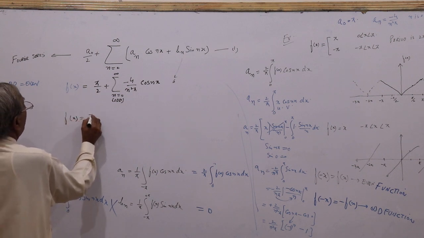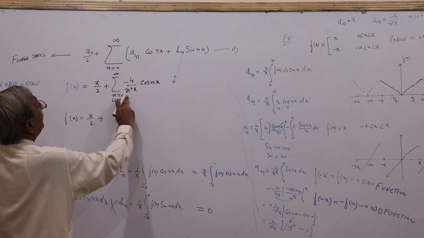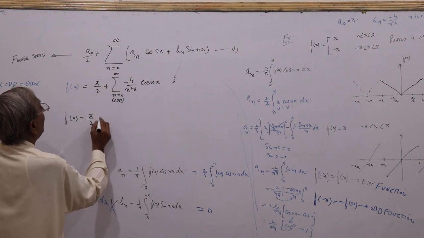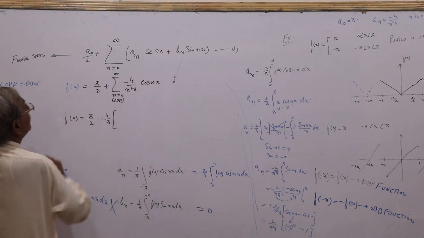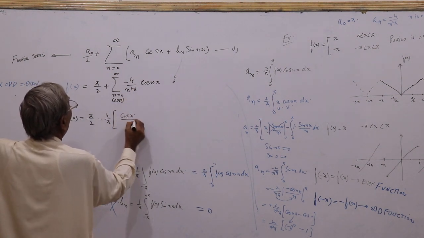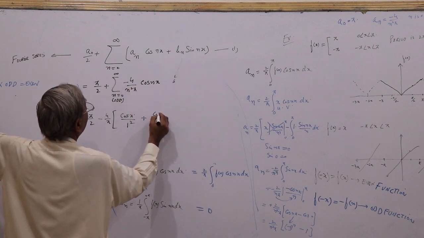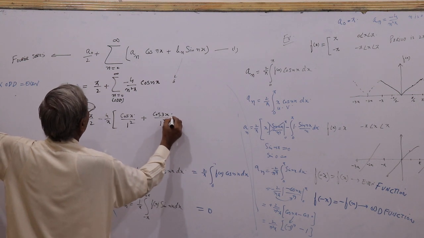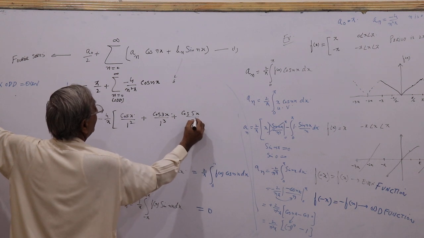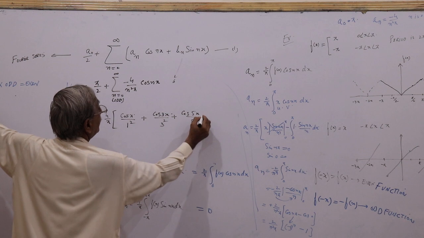Fx is equal to pi over 2 plus, because odd will start with 1, you can take minus 4 over pi common, so you have cosine x over 1 square, plus n is 3, cosine 3x over 3 raised to the power 2, plus cosine 5x over 5 raised to the power 2, and so on.